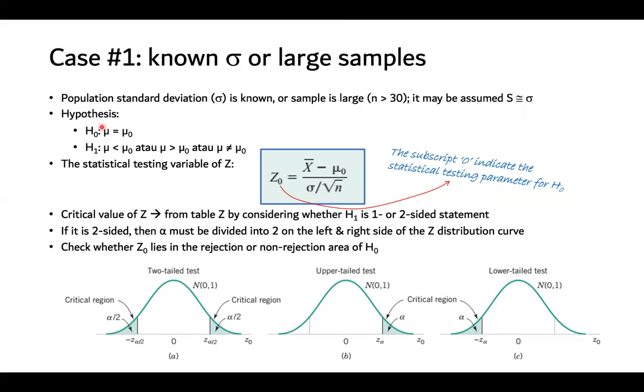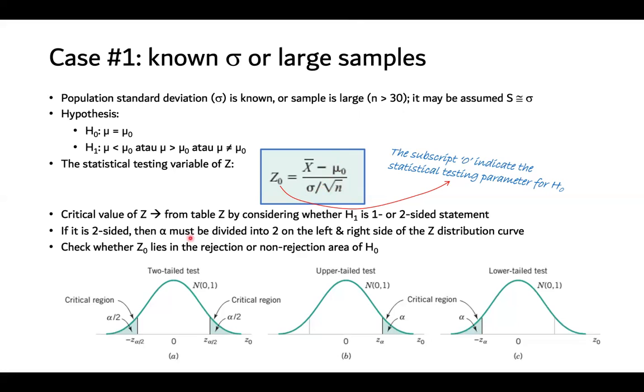Okay, so in case number 1 here, where we know the standard deviation of the population, we need to calculate the z-test for one sample. This is the sample mean minus the mean of the population that we claim, divided by the standard deviation of the population per square root of n.